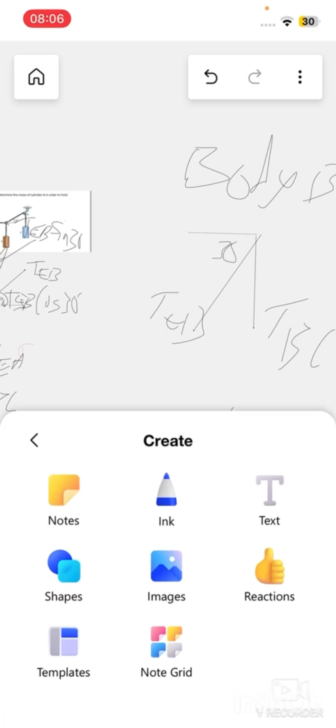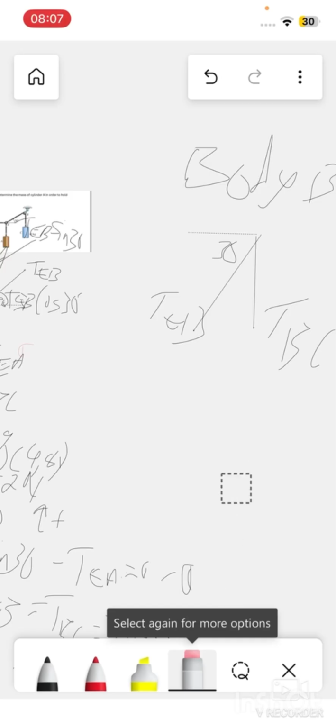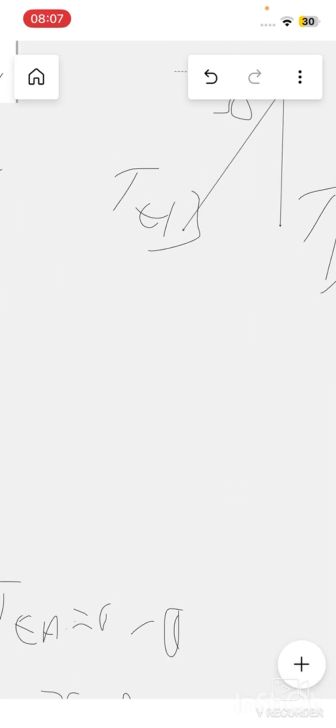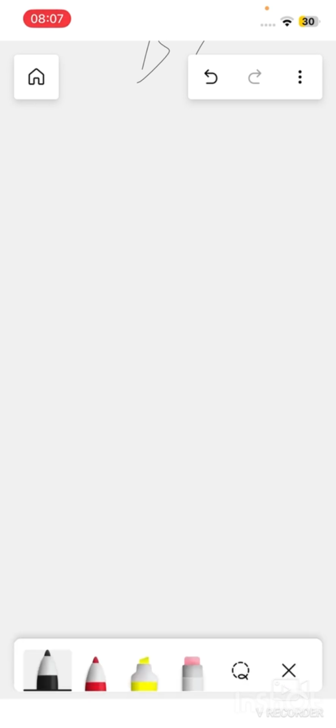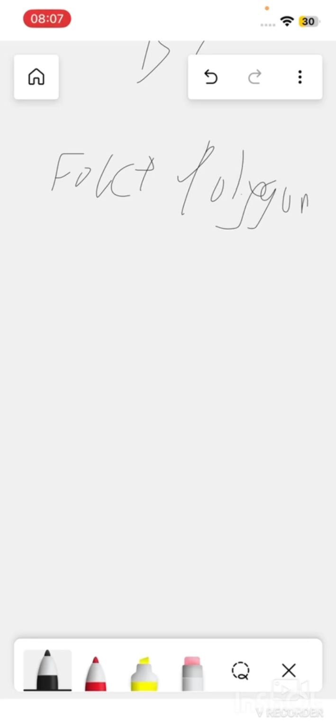If you are also advised to draw the force polygon, let's draw the force polygon, guys. I'm going to use my freehand force polygon. Let's draw it. One force going like this, another going like this, another going like that. This is TEA.